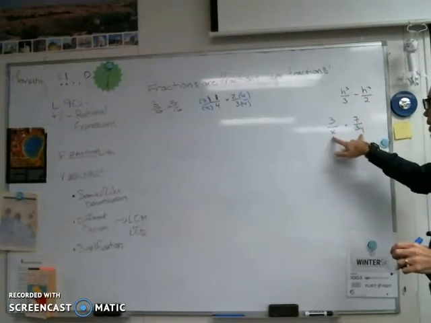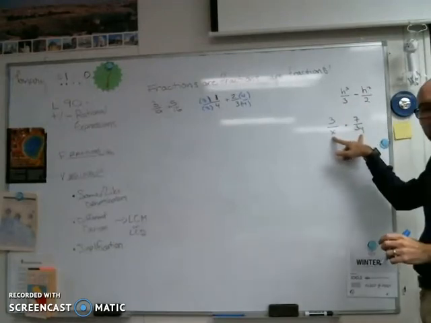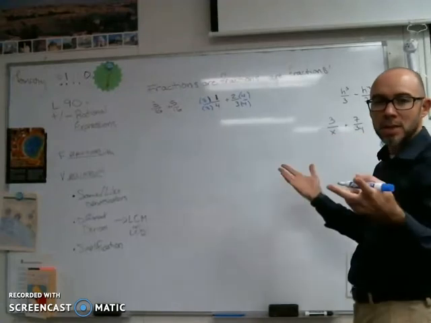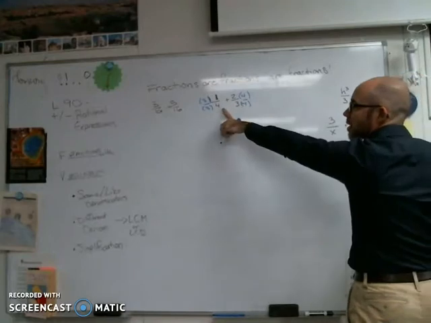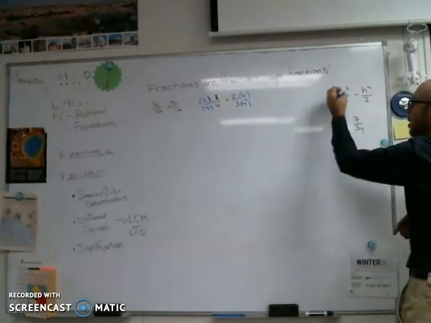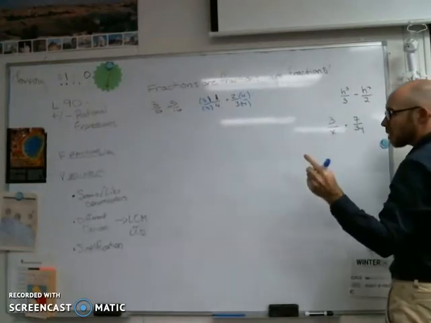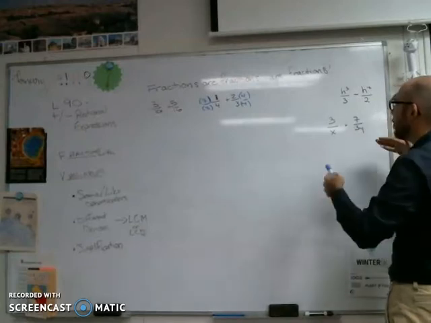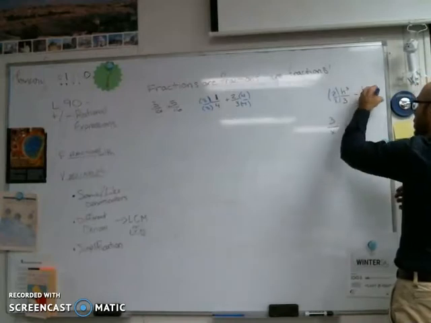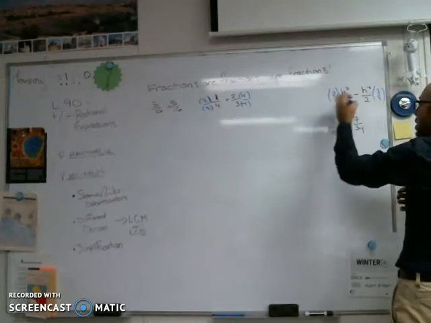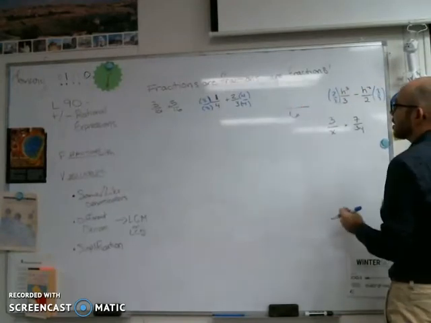Or if we've got something like this, even just 2 totally different letters in there, and we've got to think what's the least common multiple. We'll talk about that. This one right here, we're going to follow the same type of deal as we've got right there. We're going to think 3 and 2. The first common multiple of 3s and 2s is 6. So I'd multiply this one by 2s and this one by 3s. Now everything's going to be a sixth.